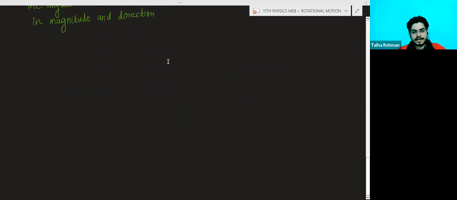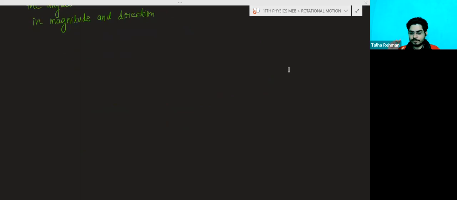So I am taking any random rigid body, and we will consider that the rigid body is made up of a large number of small masses. What is the criteria to find the angular momentum of the rigid body?